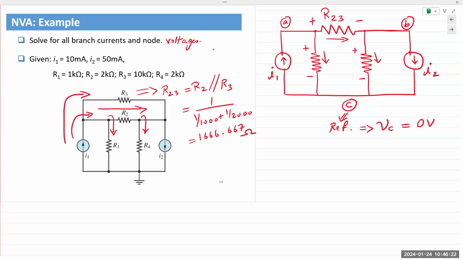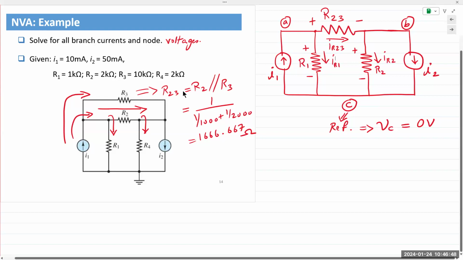I'm simply assuming the directions, and then from those assumptions, I'm applying the polarity for the voltages. This is R1. This is R2. I will label this IR1 and IR2 and IR23.